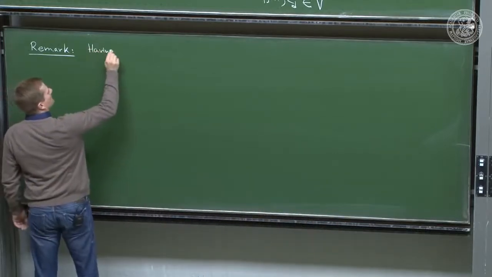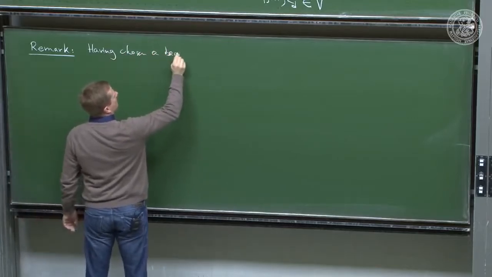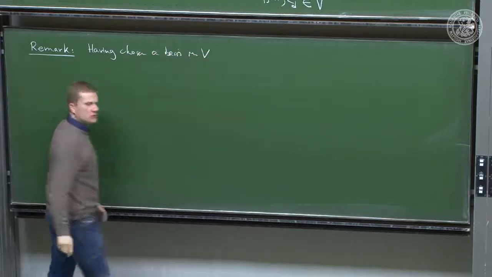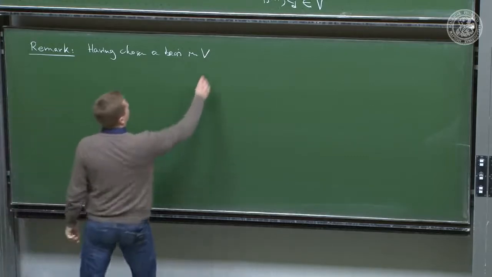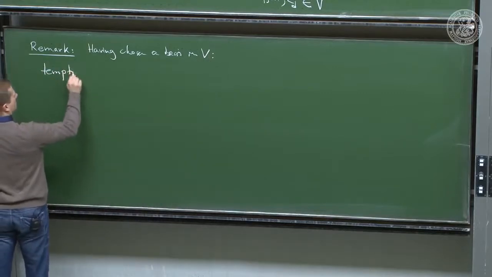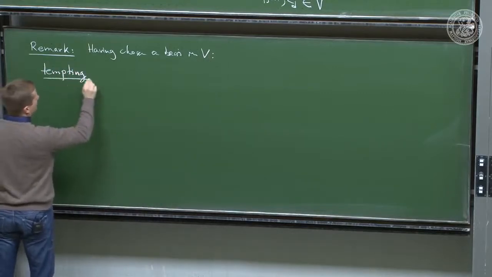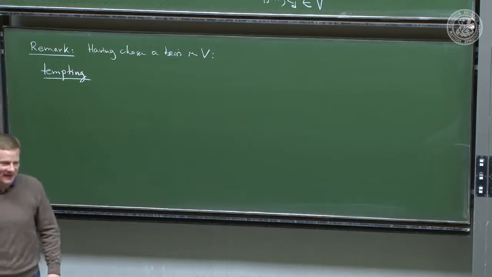So having chosen a basis in V and a dual basis in V star, the basis will always be the dual basis unless I say something in particular. It's very tempting. And you see, if in the mathematics lecture, which has nothing to do with temptation, the word tempting comes up, of course, you've got to be careful.